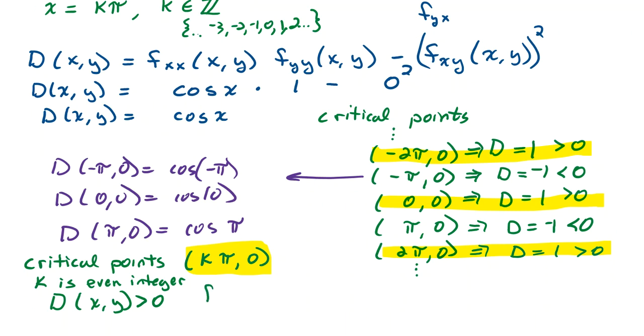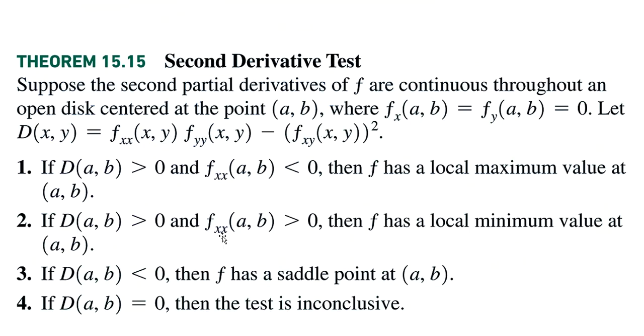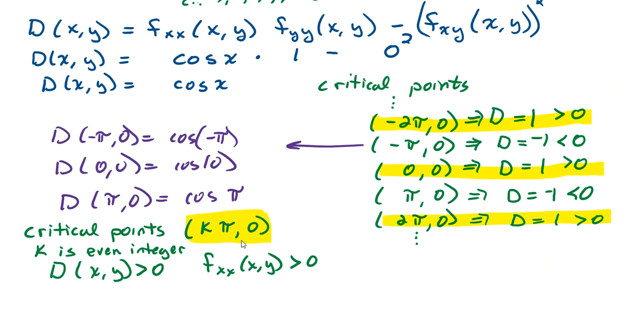What does that tell us? If they're both positive, we have local minimums. So we have infinitely many local minimums. Holy mackerel, that's exciting.